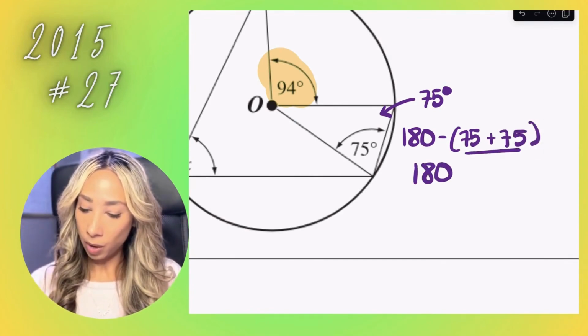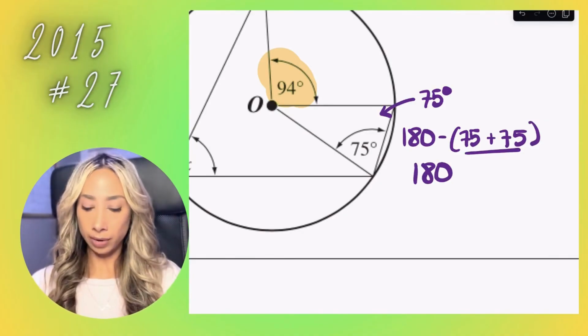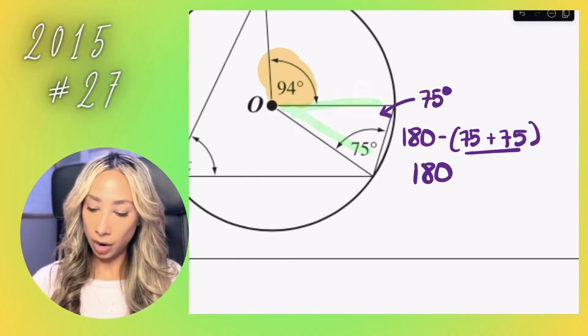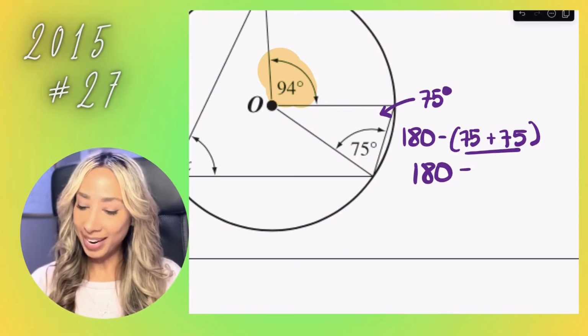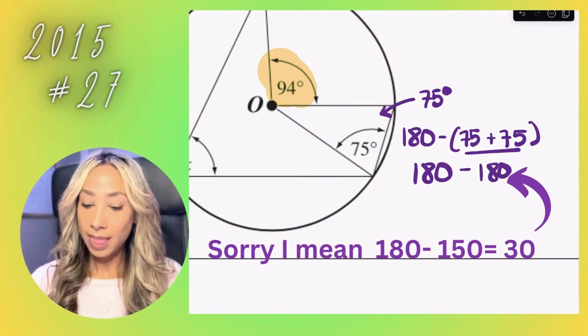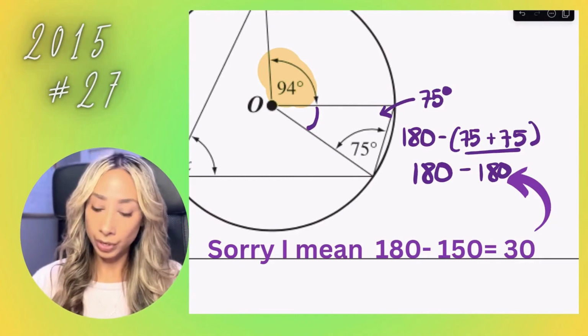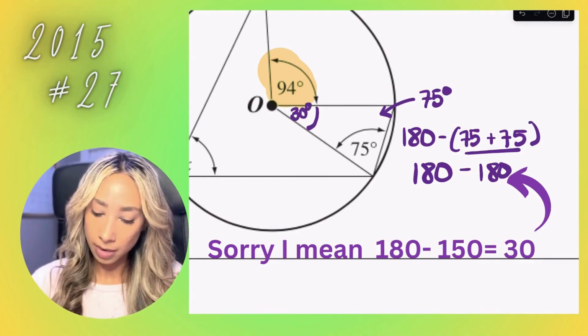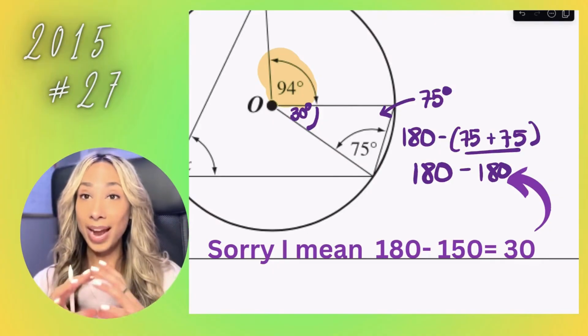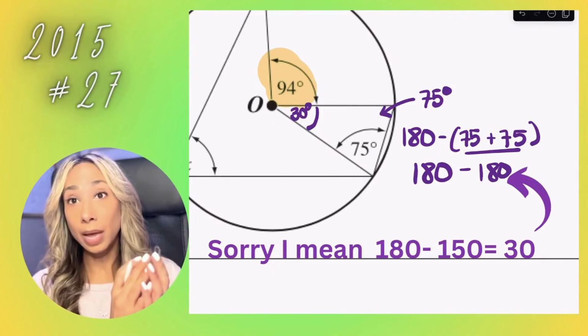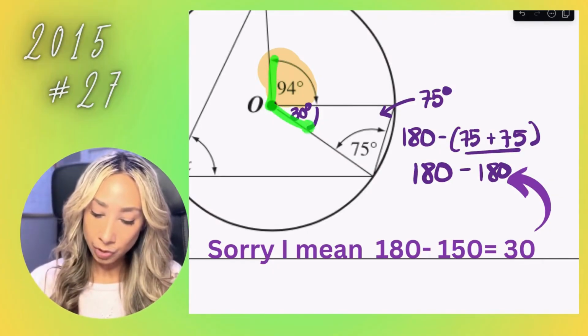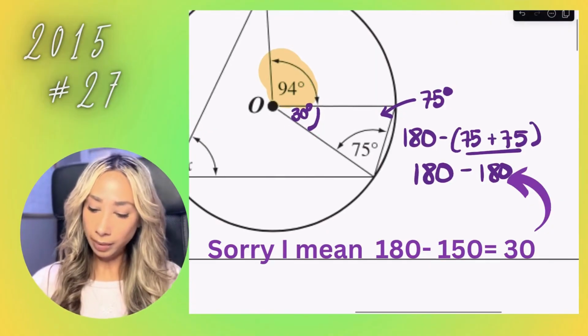So now I can say, all the angles in this triangle are 180, so 180 take away 150. That's going to leave me with our missing portion of 30 degrees. Now that I have those pieces, I can put them together as my central angle. So my central angle is 94 plus 30.